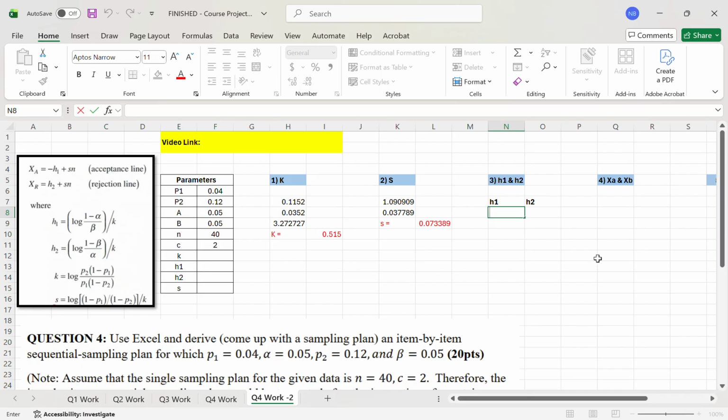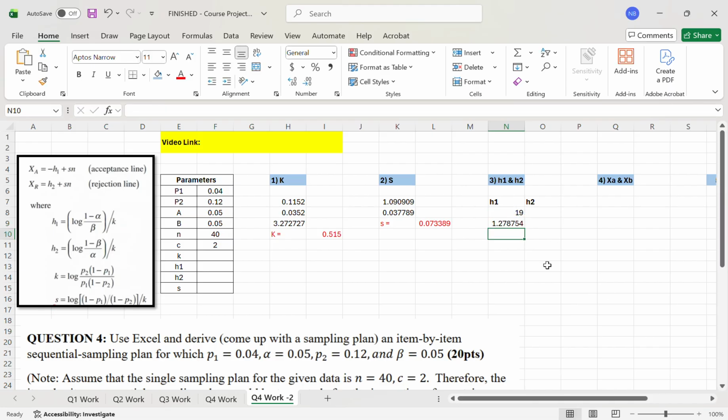So let's start by doing 1 minus alpha over beta. 1 minus our alpha divided by our beta. Now following that, we're going to take the log of that number.